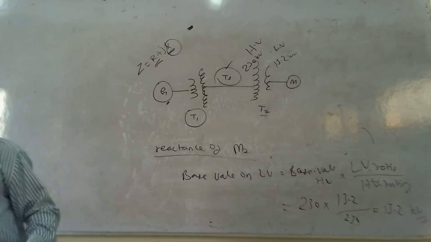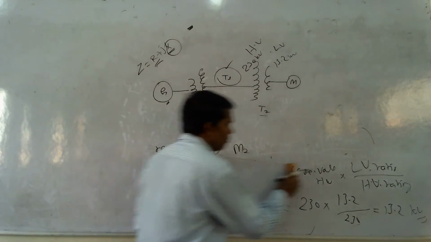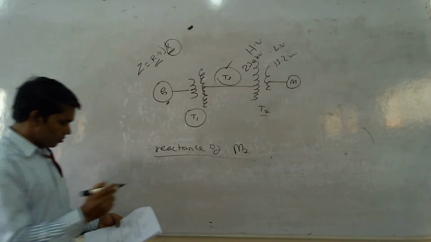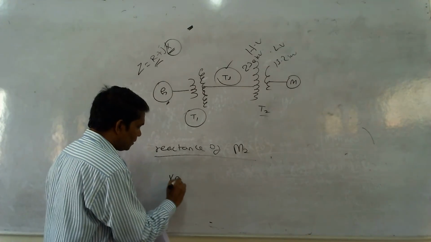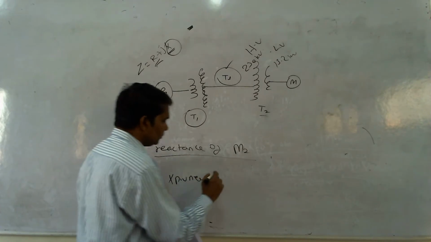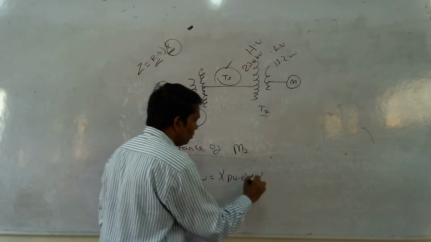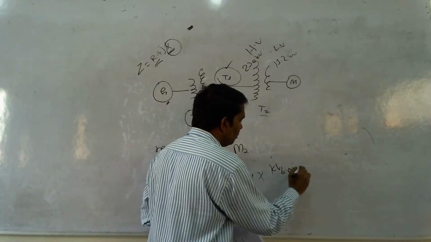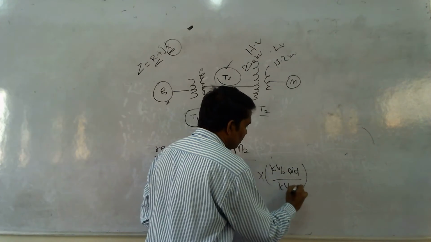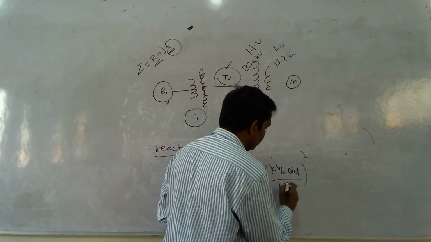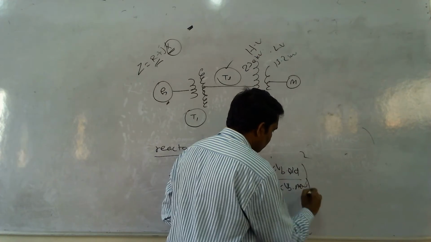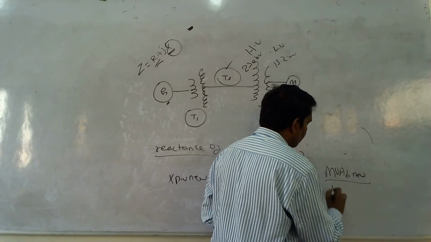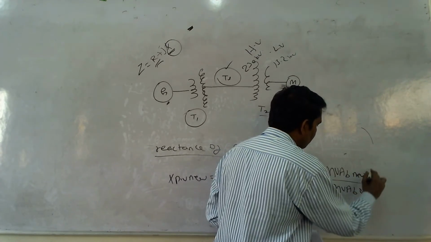So let us substitute the values in the formula. The reactance per unit new equals the reactance per unit old multiplied by the kilovolt base old divided by the kilovolt base new, whole square, into the megavolt ampere base new divided by the megavolt ampere base old, right?